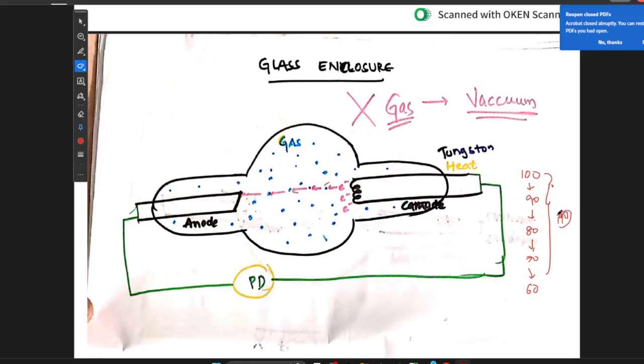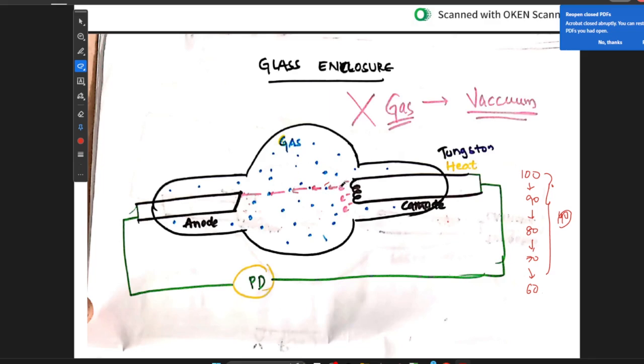As a result, the X-rays produced will not be stronger, they will be weaker. So the energy of X-rays and the number of X-rays will vary because of the bombardment of electrons with the gases.